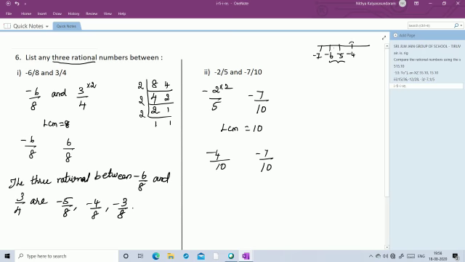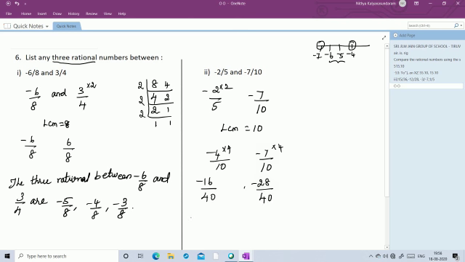In between minus 4 and minus 7 we have only 2 rational numbers, but we want to find 3 rational numbers, so again multiply. To find 3 rational numbers, multiply with the next number, 4. So 4 fours are minus 16 by 40 and minus 28 by 40.